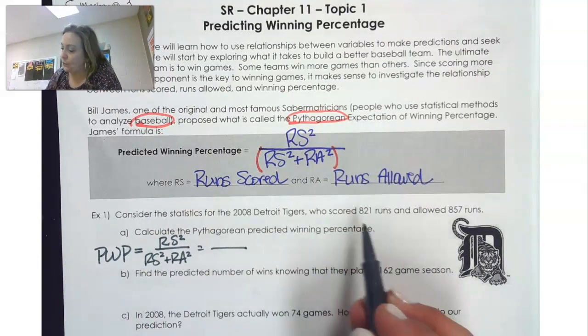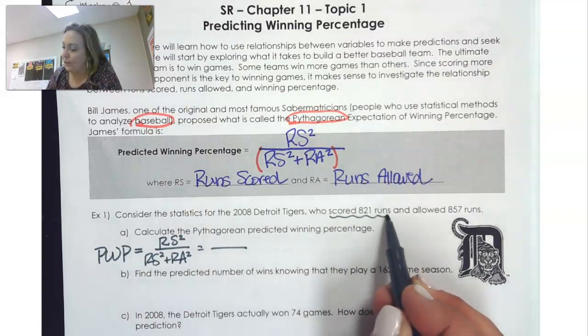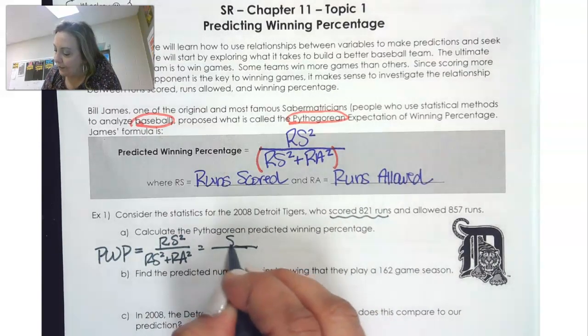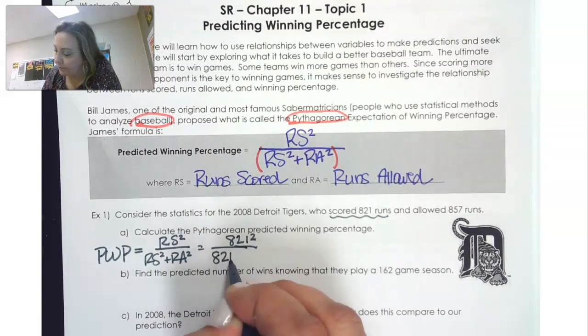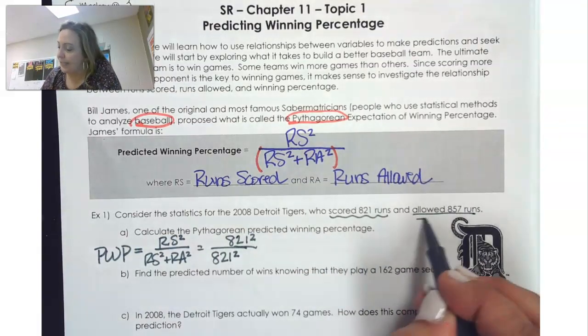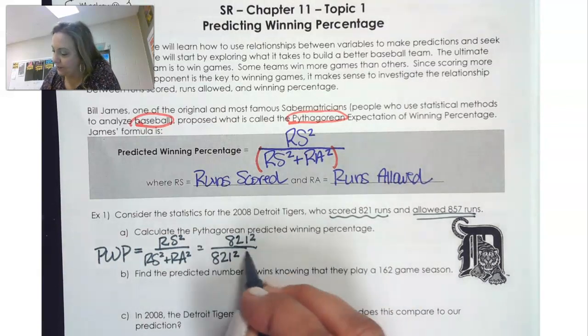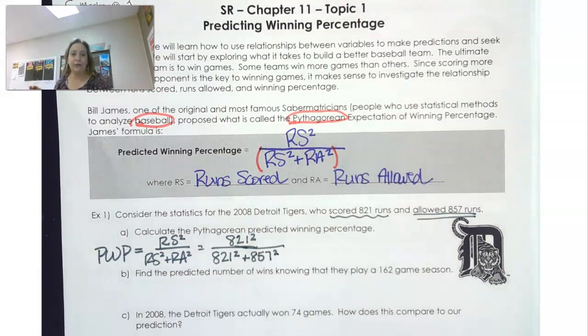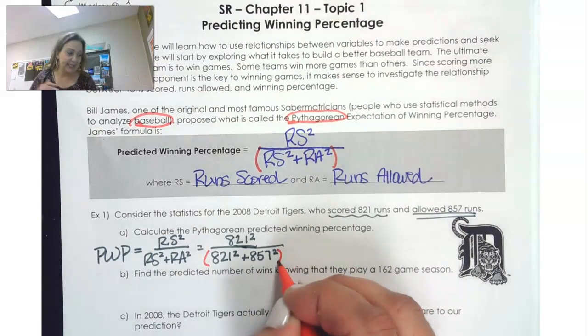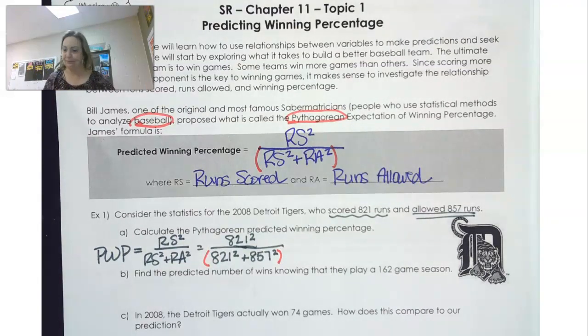Here for runs scored, this is going to be the 821. So I'll put 821 in for runs scored. And then they allowed 857 runs, so let's put that into runs allowed, okay? And again, we want to make sure that this is in parentheses here, okay? And so then we can just put that into the calculator.